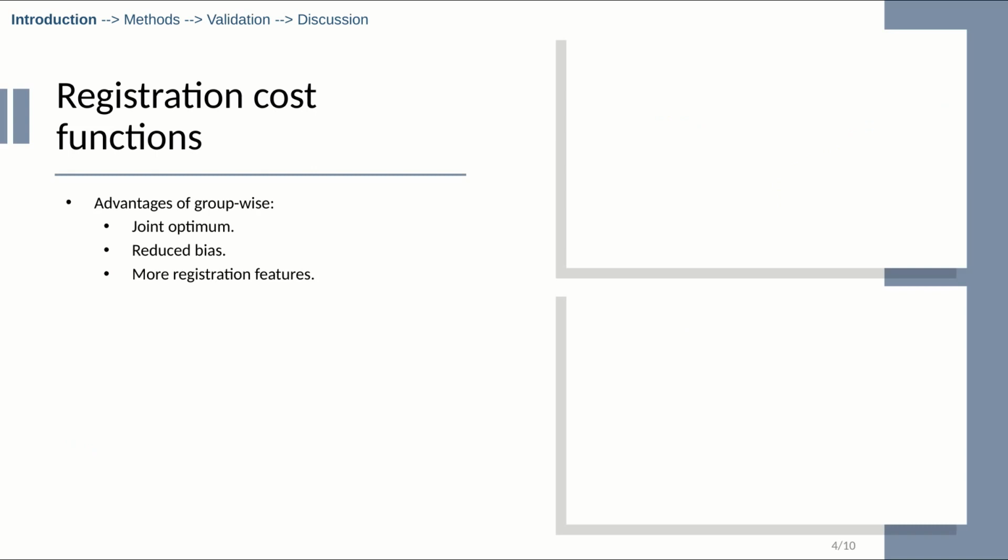Advantages of groupwise cost functions are that they obtain a joint optimum across all images. This should, in theory, reduce the bias you might induce if you pick one image as fixed and register images toward this fixed image. There are also more registration features in a joint optimization across all images at once.